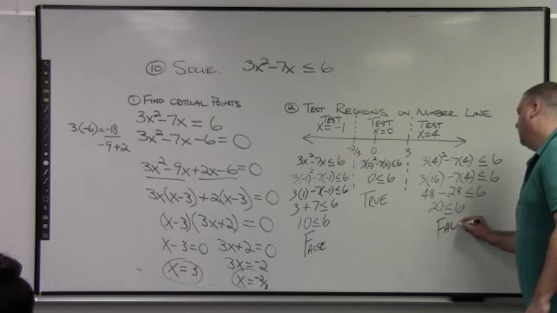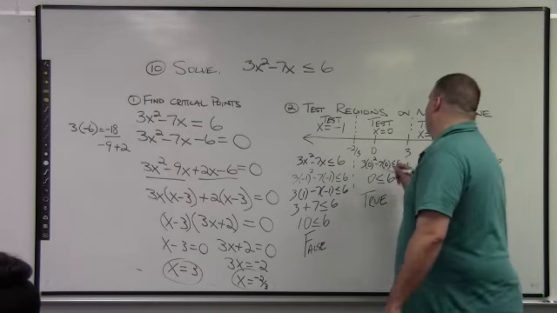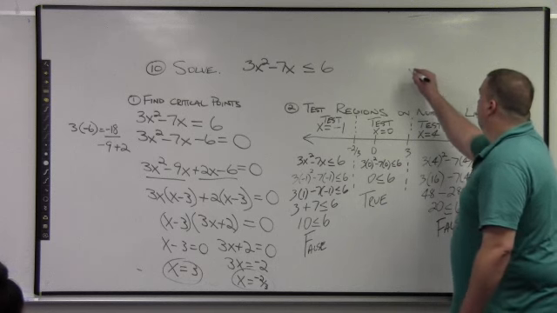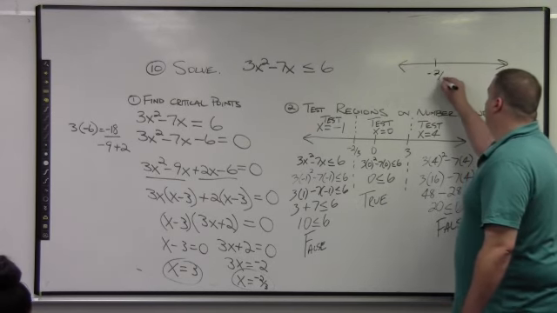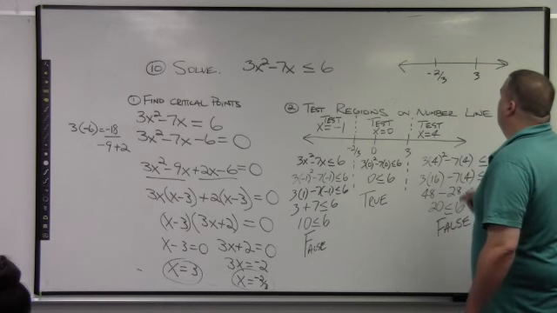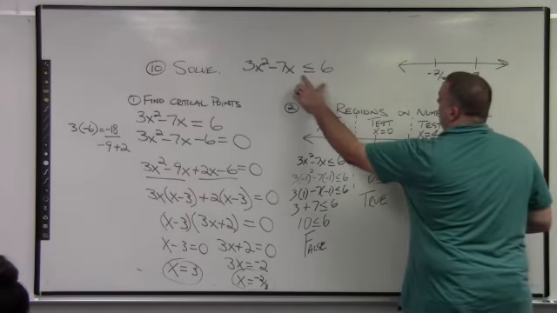So the only region that ends up being true is the region between negative 2/3 and 3. So let's think about this. Now, would negative 2/3 and 3 be included? Yeah, and why is that?